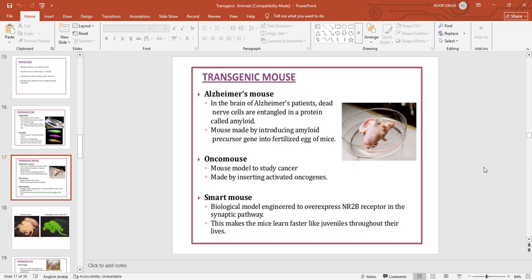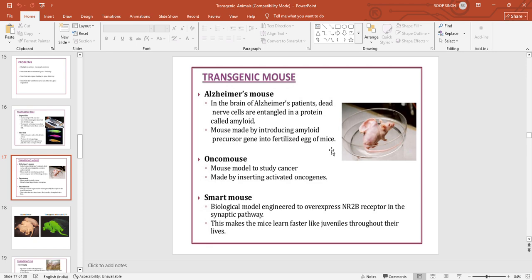Transgenic mouse is one of the common animals for generating transgenics. In the case of the transgenic mouse, several disease models have been developed, like the Alzheimer mouse. In the brain of an Alzheimer patient, dead nerve cells are entangled in a protein called amyloid. The mouse is made by introducing the amyloid precursor gene into the fertilized egg of the mice. So you can develop a model for Alzheimer disease.